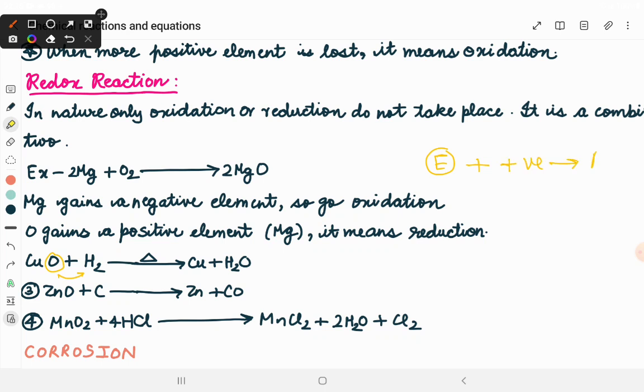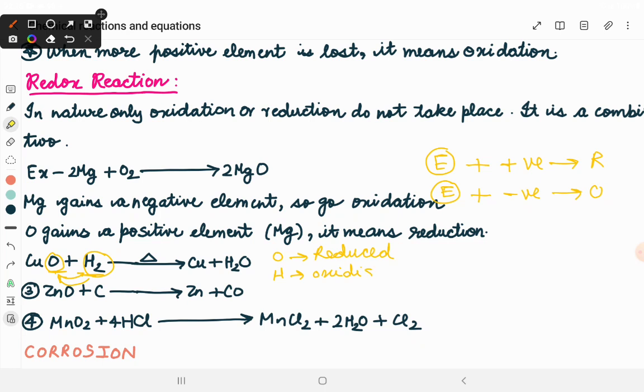And if another atom is gaining something negative, it is oxidized. Here this oxygen is getting something positive, so the oxygen will be reduced. And hydrogen, since it is getting oxygen, is oxidized.